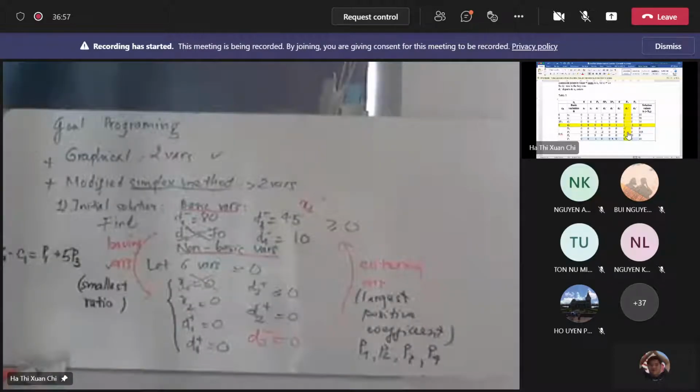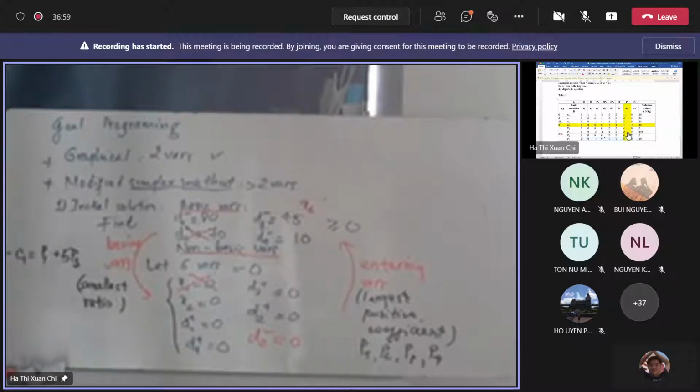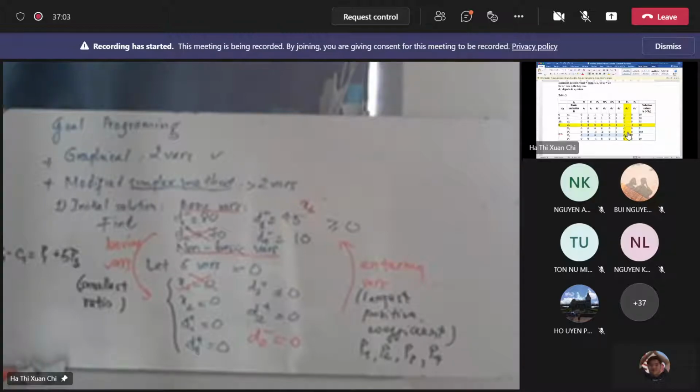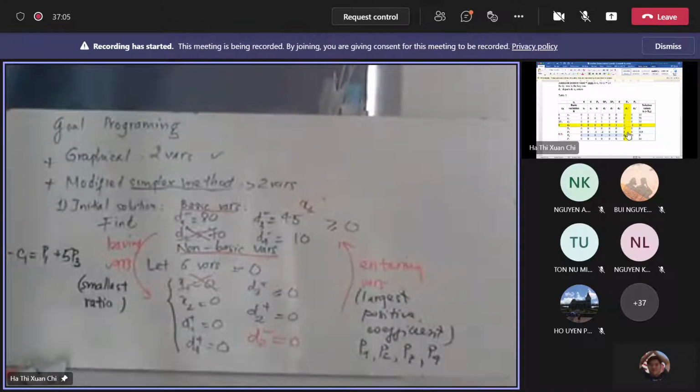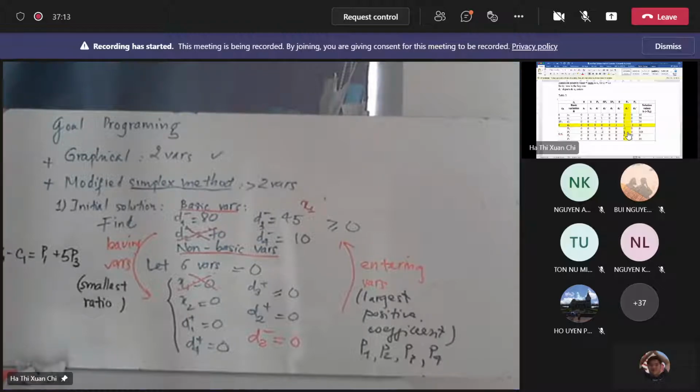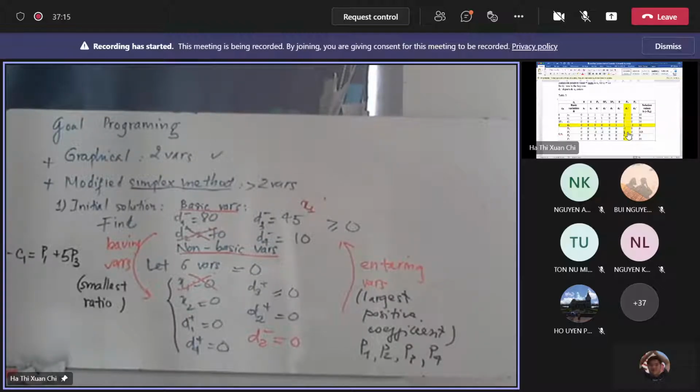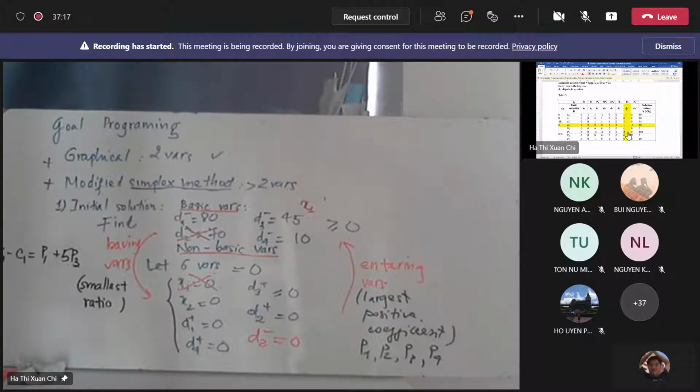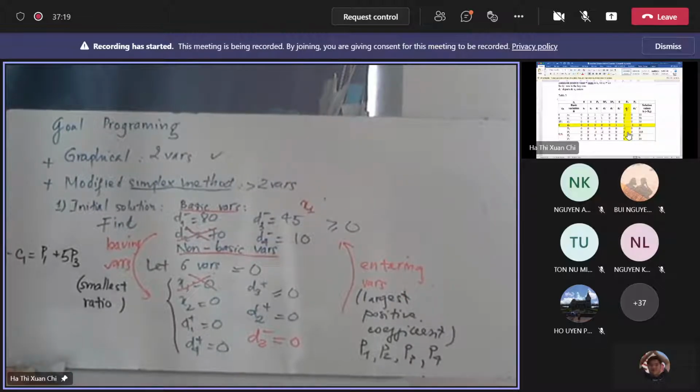No positive coefficient. So for the P2, no positive coefficient. But for P3, you can see here we have number 3, that is the positive coefficient, also the largest one. So we do the same way.